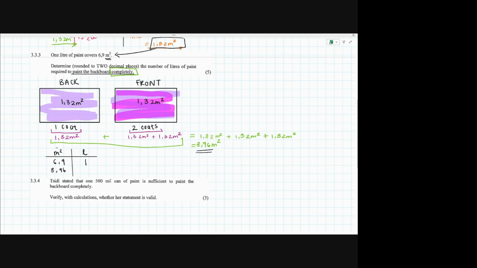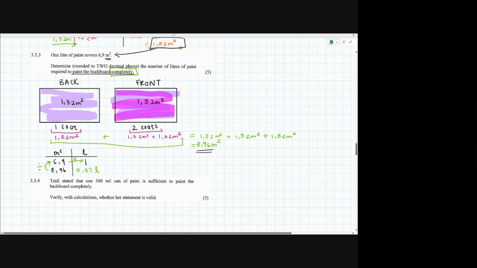Right, as I've just said, fill in your arrows with the direction, put in your operation, divide up, so 3,96 divided by 6,9, that answer times 1, and you get that you only need 0,57 liters of paint.